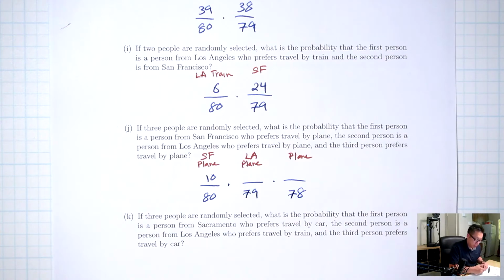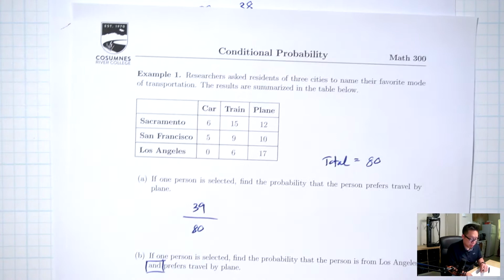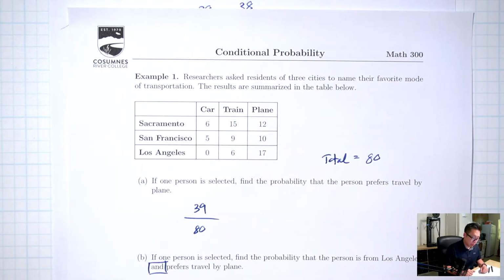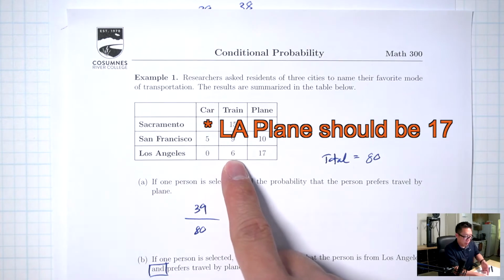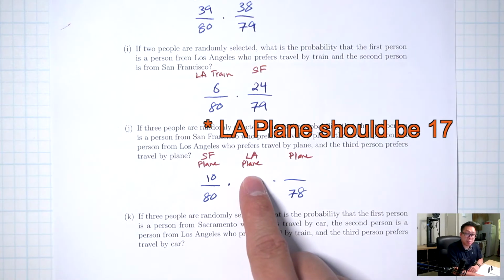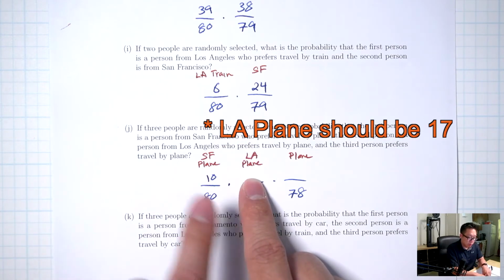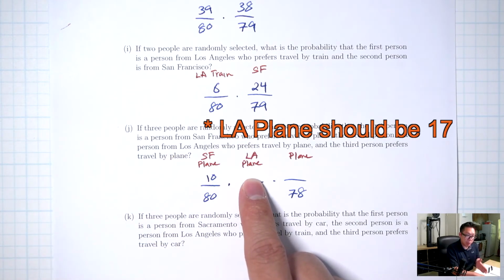The second fraction here, I want LA plane. So LA plane would be 6. Now the question is, is it 6 or do I have to reduce by 1? If we look back to the first slot, did I use LA plane yet?